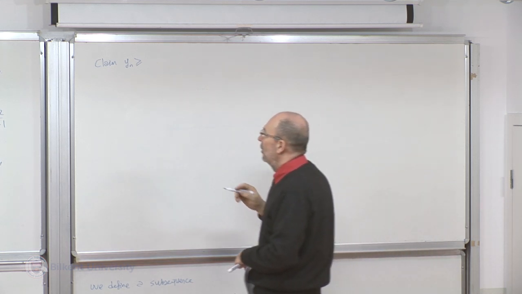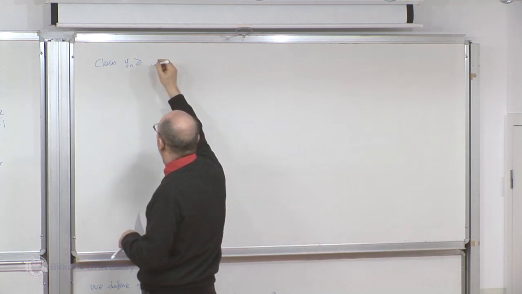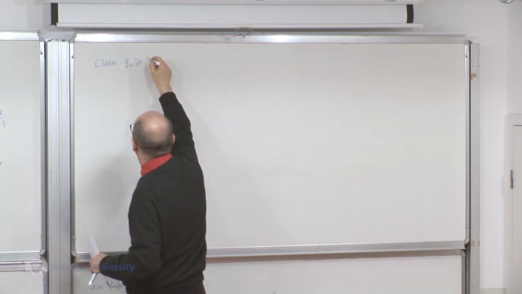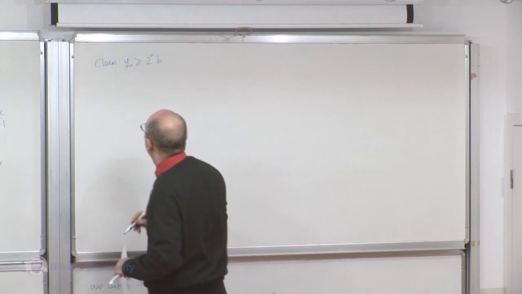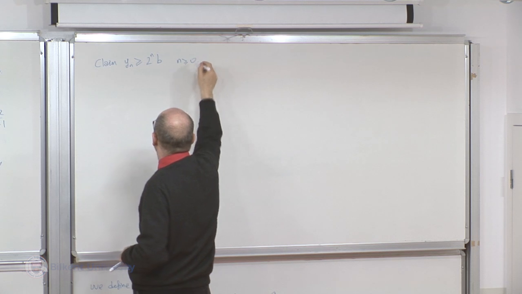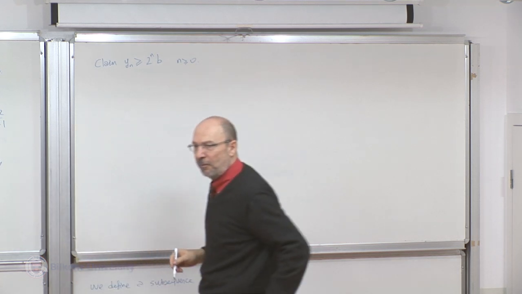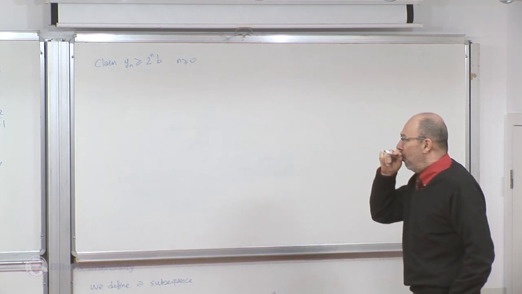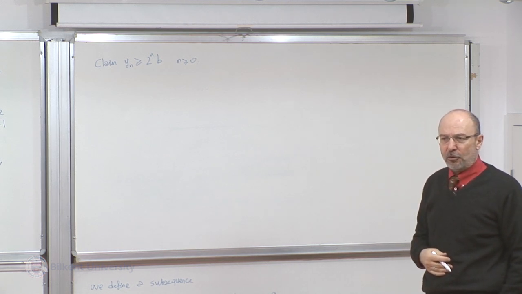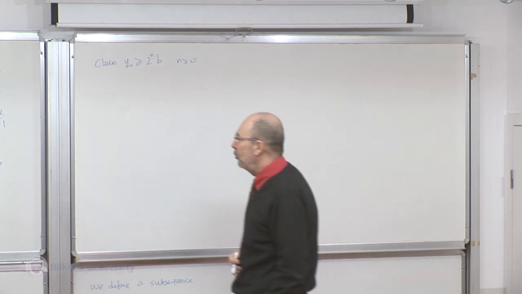We don't need that. I want to show that this goes to infinity. So if the claim is true, you see y_n goes to infinity. We'll use this in the proof.